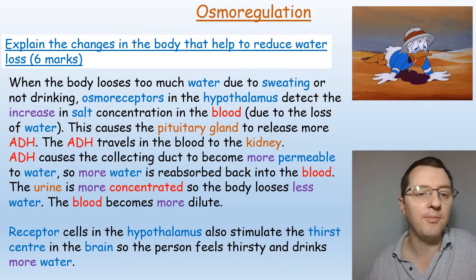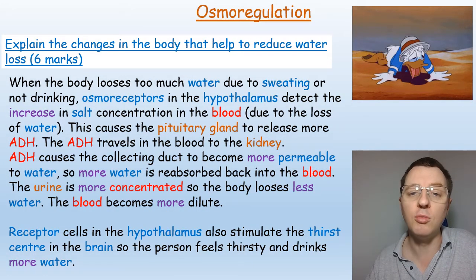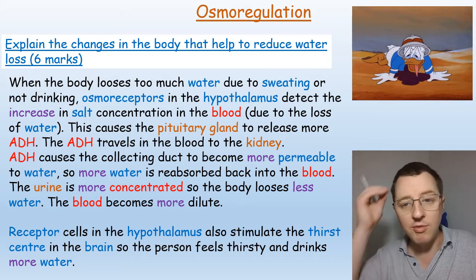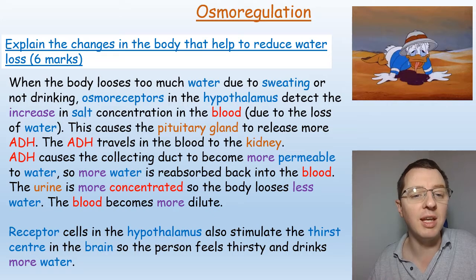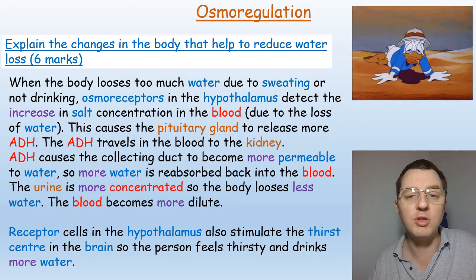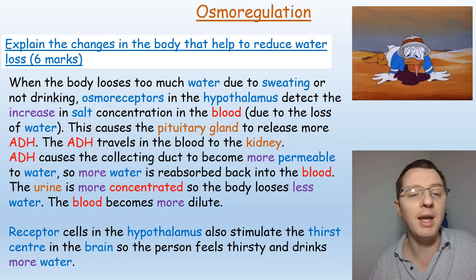And here's the answers. When the body loses too much water due to sweating or not drinking, osmoreceptors within the hypothalamus will detect the increase in the salt concentration in the blood, and this is due to the loss of water. And this will cause the pituitary gland to release more ADH.